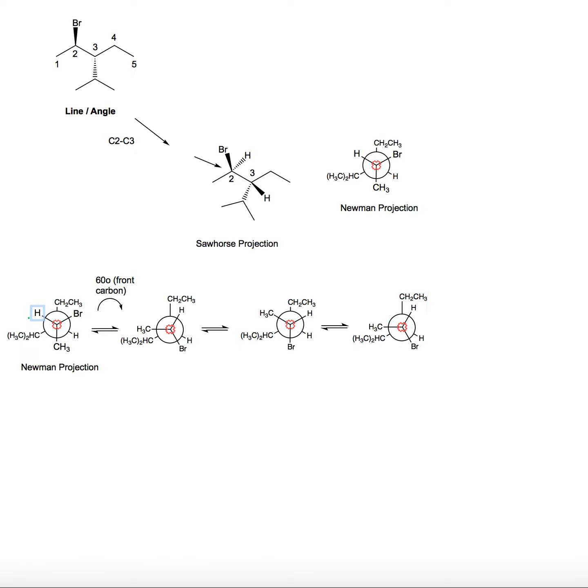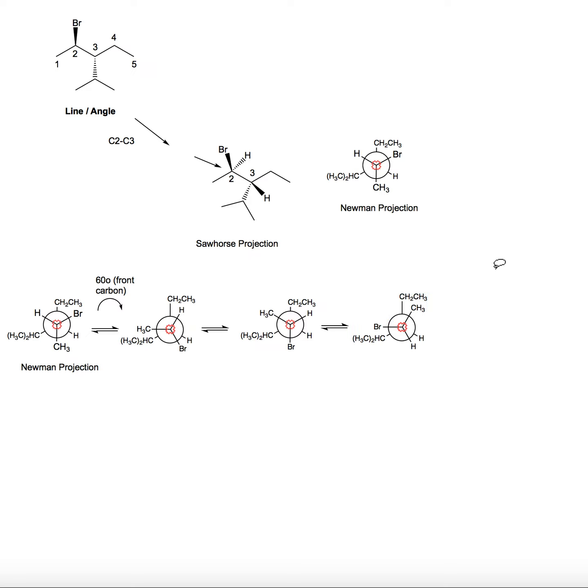So in this eclipsed conformation, once again, the back carbon is fixed. Bromine will be coming here, methyl will be coming here, and hydrogen will be coming here.